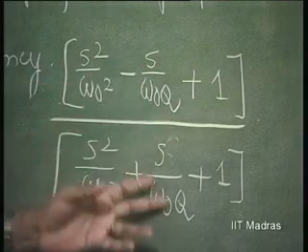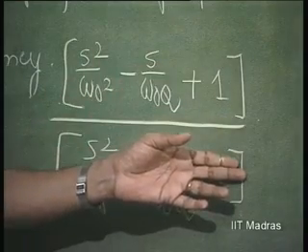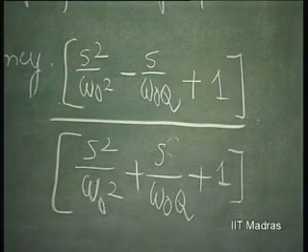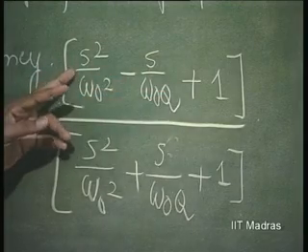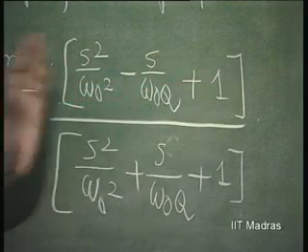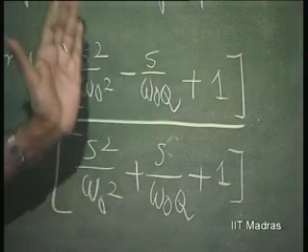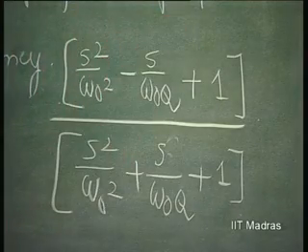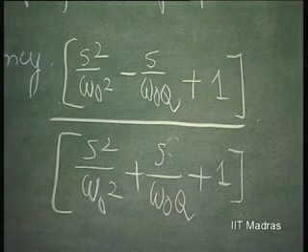The coefficients remain the same or they are of the same ratio. So, it could be that this is minus, this is plus, this is minus, or this is plus, this is minus. That means, all the even functions will have the same sign and all the odd functions of s will have the same sign. Here of course, all will have positive sign.